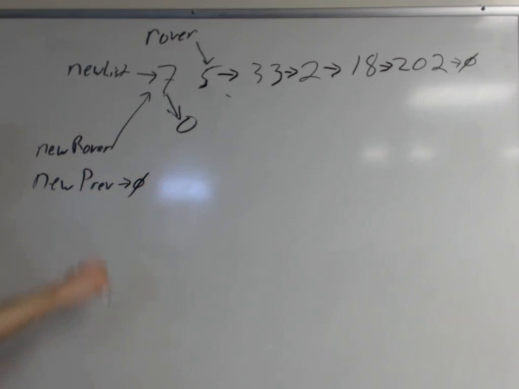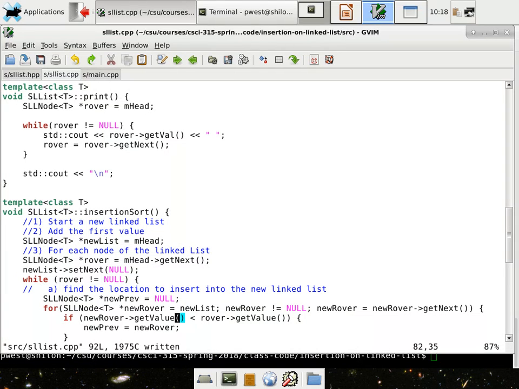Okay. It's going to compare new rover. Oh, then if new rover's get value 7 is less than the rover's value, then you're going to update new prev to be new rover. So in this case, does anything happen? No. Why? Because the 5 needs to go before the 7. It's going to make a little more sense when we do more examples.